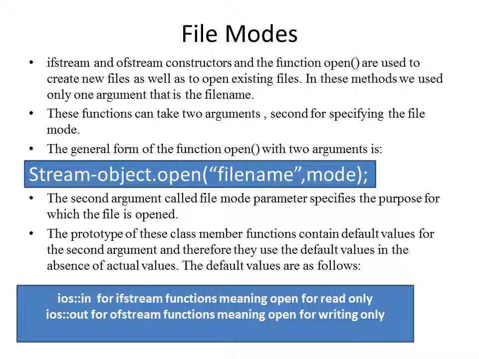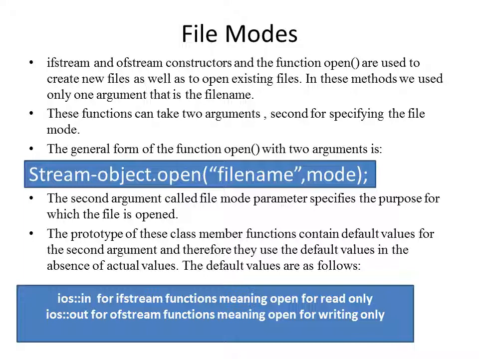In the brackets we were giving only the file name, but we can give the mode after a comma. In the second blue box you can see these are the two default values of mode. ios double colon means scope resolution operator. In is for ifstream, meaning open for read only, and ios out is the default value for ofstream, and it is for writing only.